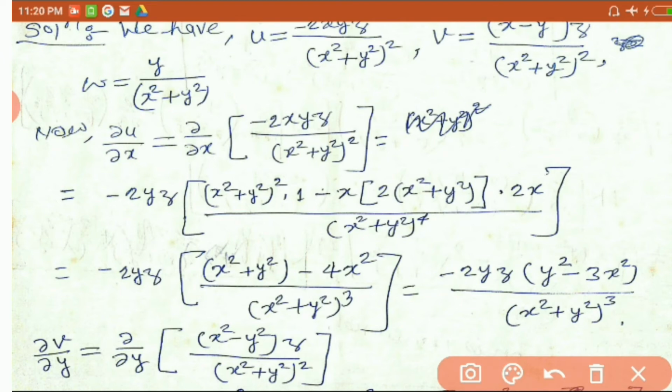So here, minus 2yz as it is, minus 2x is the first function. The second function as it is, (x² + y²)², times the derivative of the first function with respect to x.